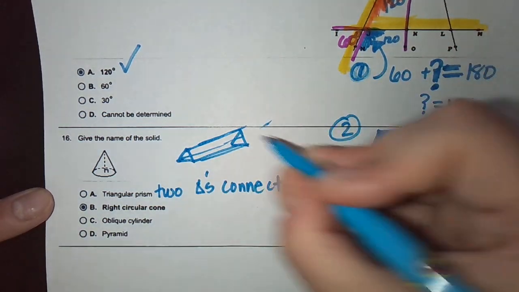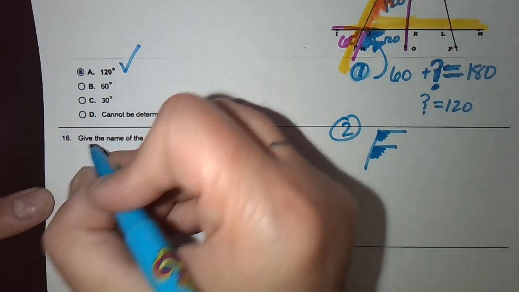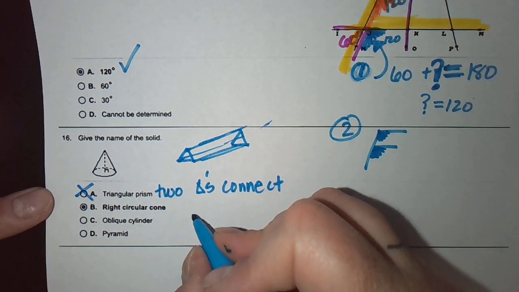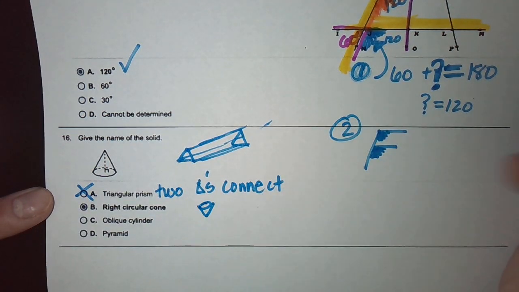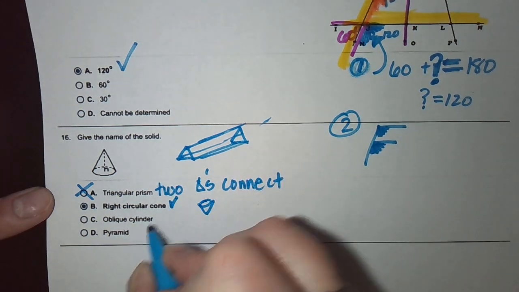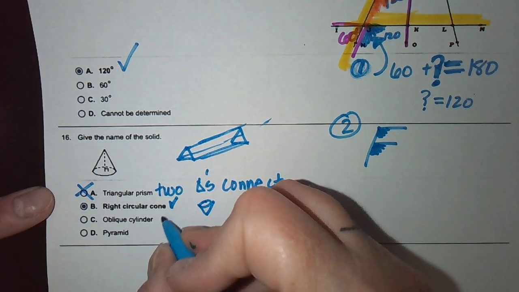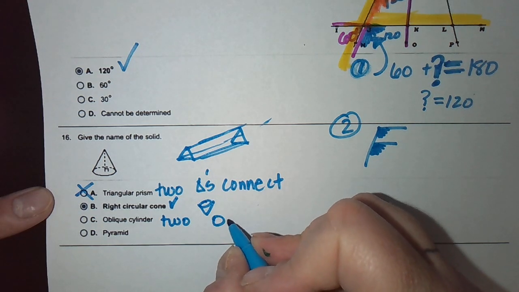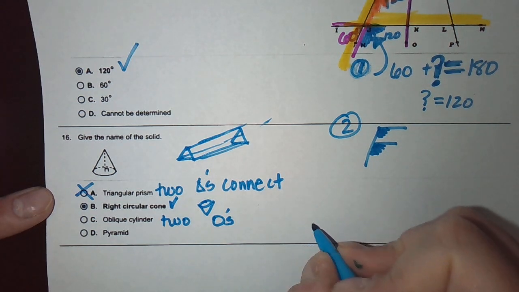Anyway, this is a triangular prism. That's not what we have. Right circular cone. We know what a cone is. It's an ice cream cone. That's probably it. Cylinder means there's two shapes. There's two circles that are connected.